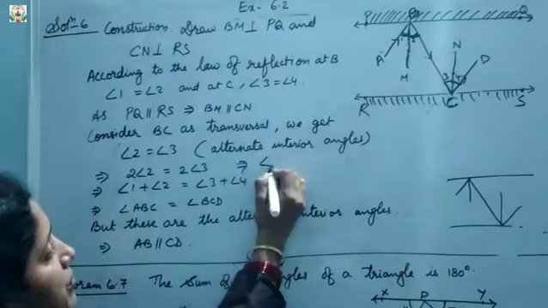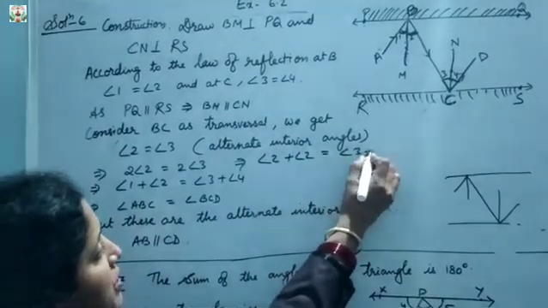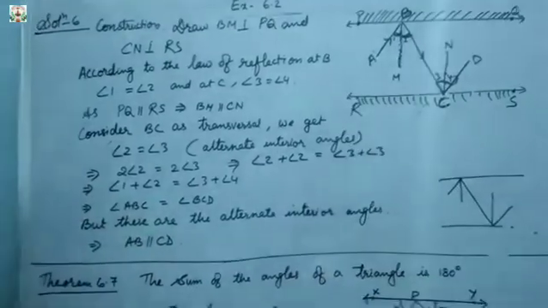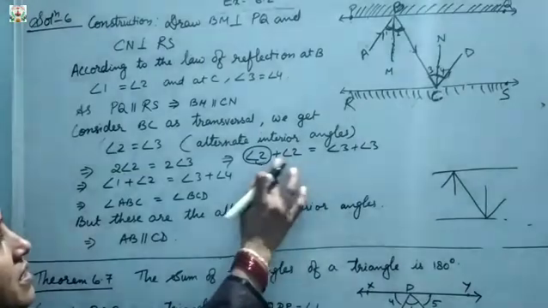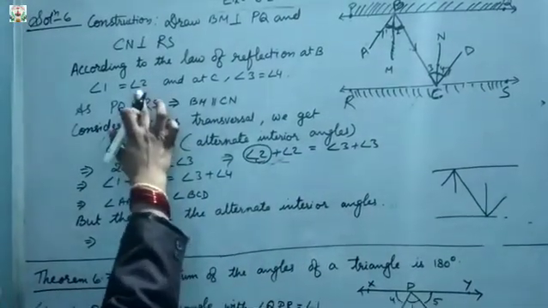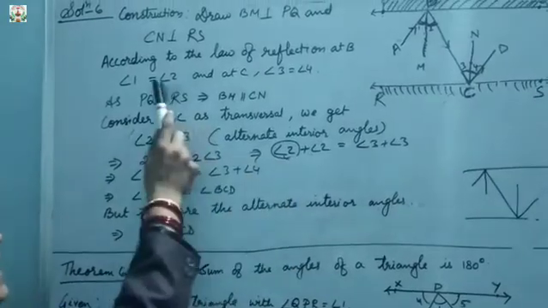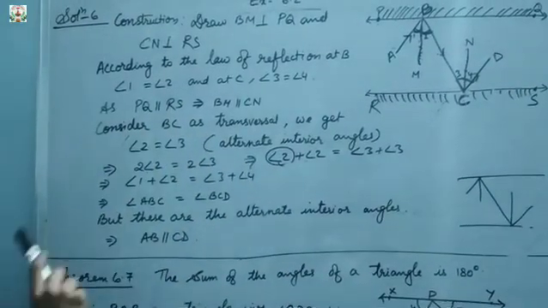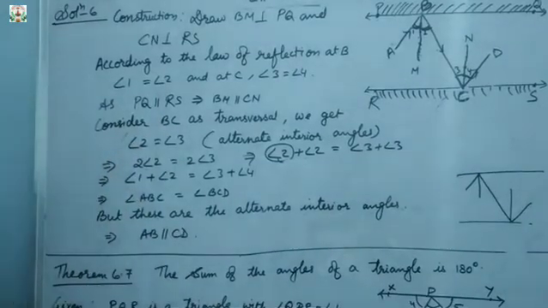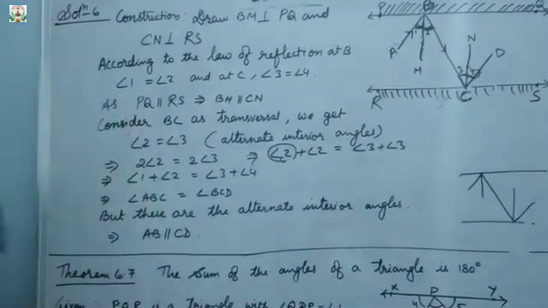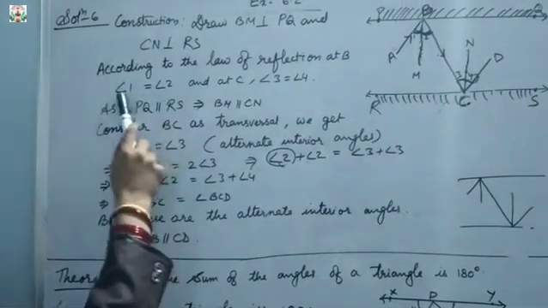Another way I can break it is angle 2 plus angle 2 equals angle 3 plus angle 3. Is it not? So now in place of this angle I can write what? Angle 3. Now in place of this first angle 2 I can write angle 1, because the reflected angle is equal to the incident angle. So angle 1 equals angle 2.